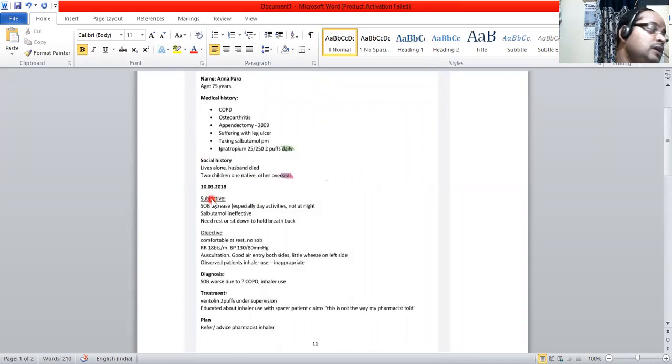Today, on 10th March 2018, patient Mrs. Sparrow has shortness of breath, and it is increasing, especially while doing day activities. She has the subjective feeling that the salbutamol is ineffective, and she complains that salbutamol is not effective.